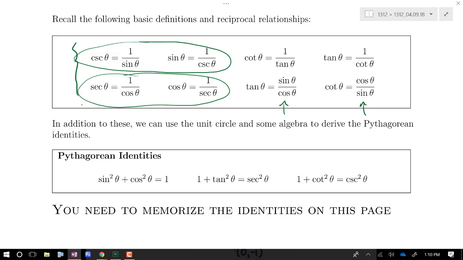And I'm going to demonstrate why the ones on the bottom are true. And to be honest, this one right here is always the one that I memorize. I know that one cold. The others you can obtain from that first one.